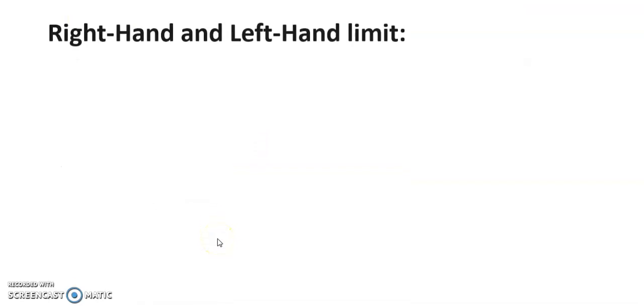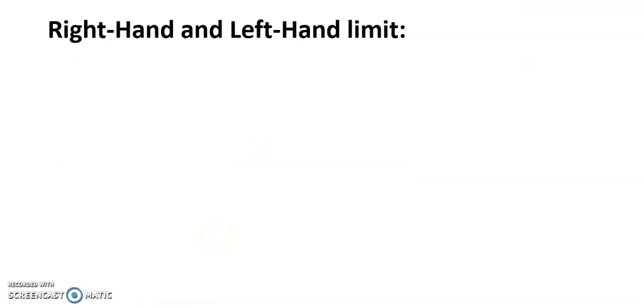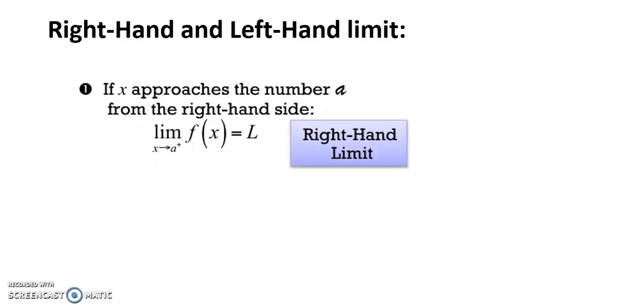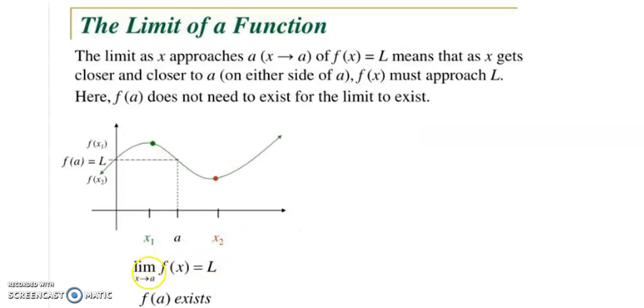Then let's discuss what is right hand limit and left hand limit. If x approaches the number a from the right hand side, as I have told you here, you are approaching towards this value a, because this a is your limiting value, you will always approach towards this value.